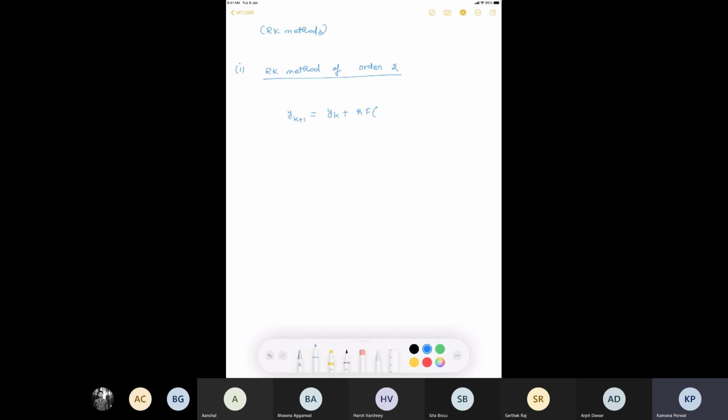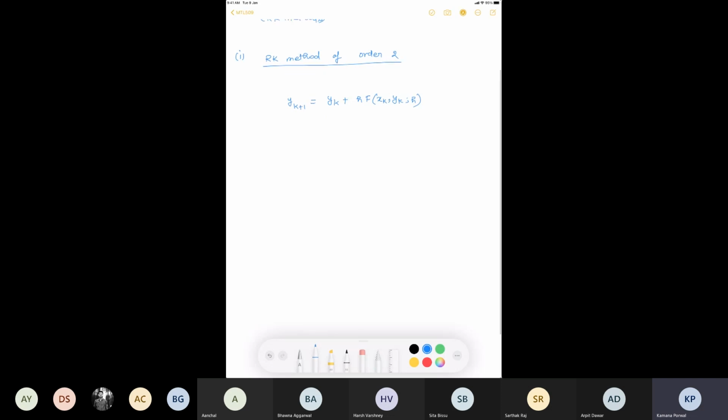The average slope we denoted by capital F, which depends on x_k, y_k, and also on f and h, but I skipped writing f because it is understood. Here I meant the average slope.